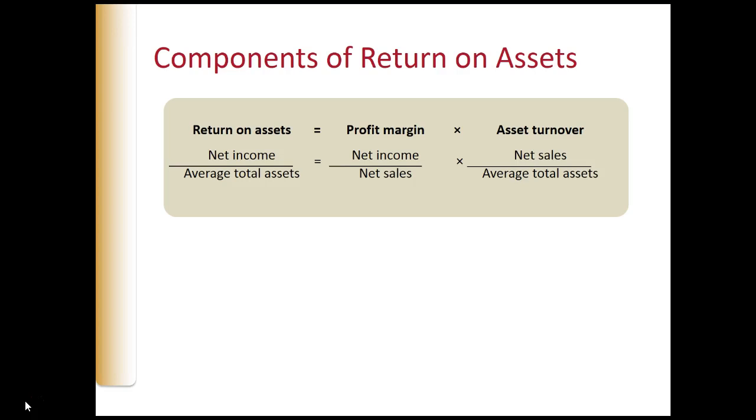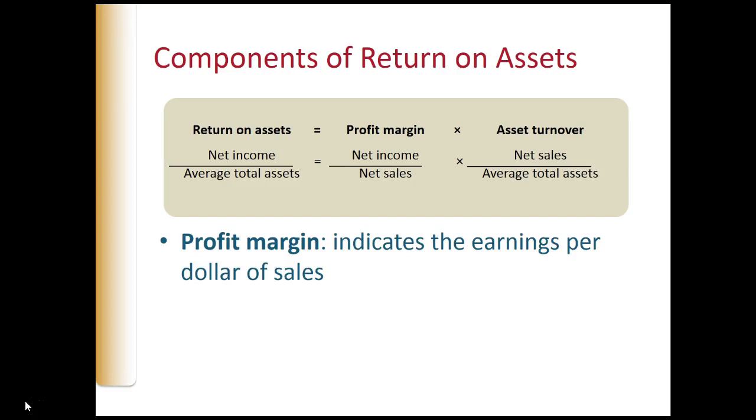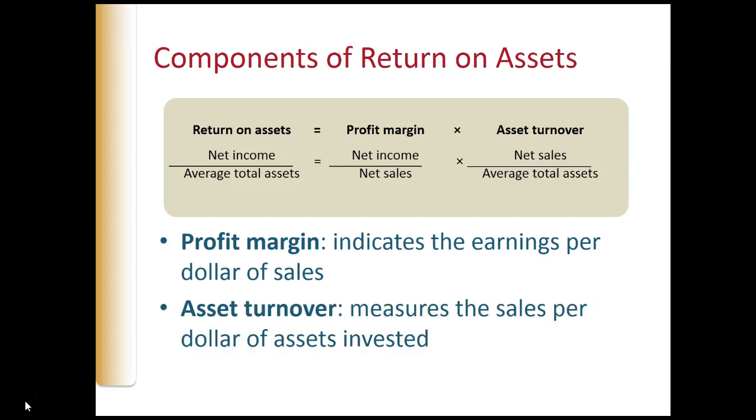We can explore profitability further by separating return on assets into two components, profit margin and asset turnover, as shown on this slide. Profit margin is calculated as net income divided by sales. This ratio indicates the earnings per dollar of sales.